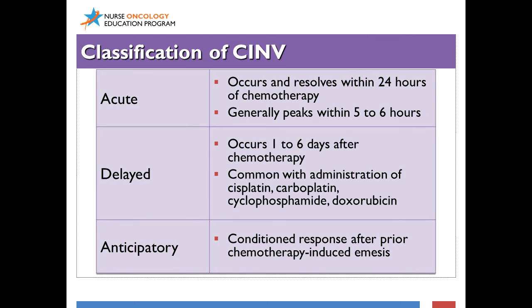Carboplatin Taxol is a very common regimen that is given to our patients. And if you're giving it, say, on day 1 or on a Monday, we know that by the afternoon of day 3, that carboplatin may cause some nausea and vomiting. So it's important that we have those medication management on board for that delayed CINV.